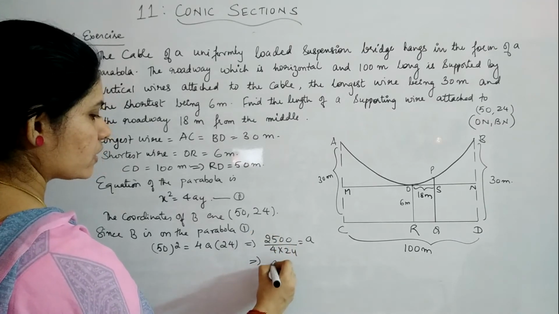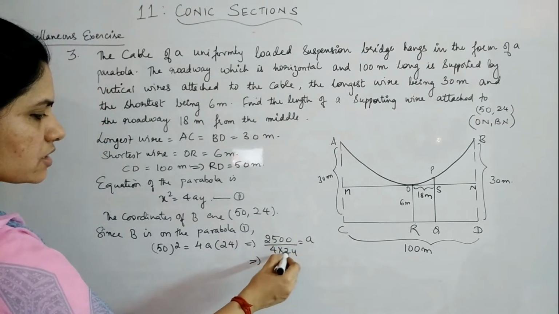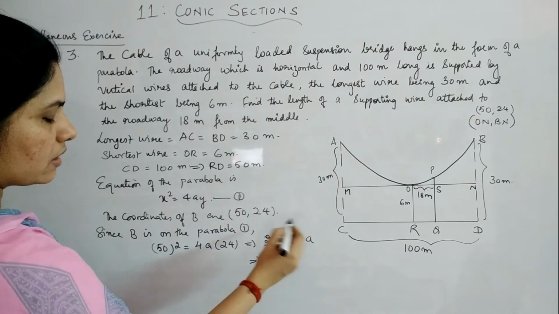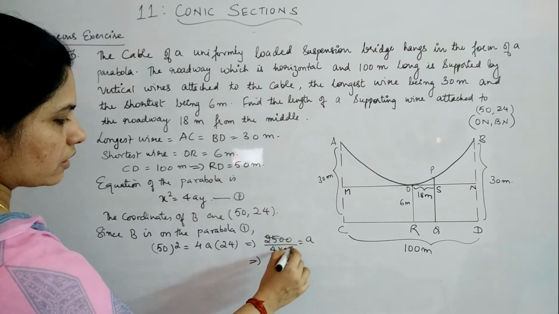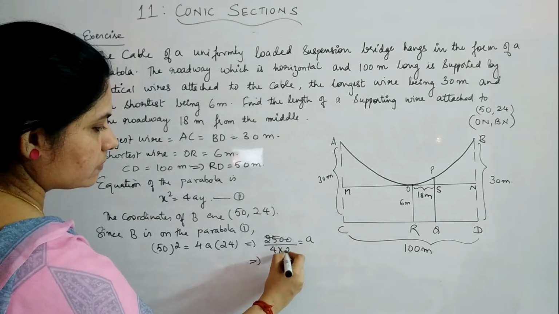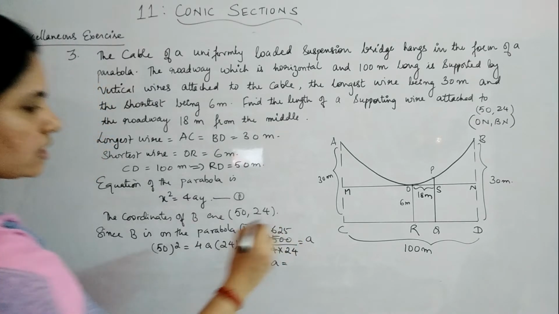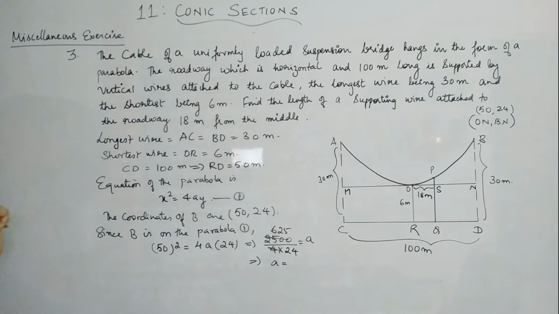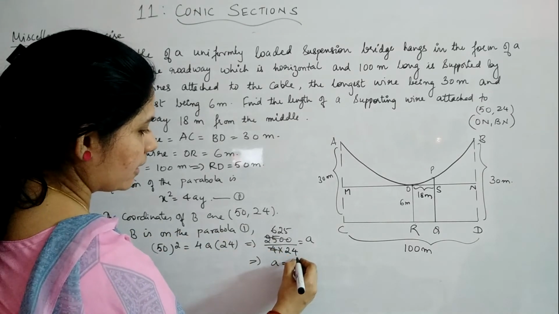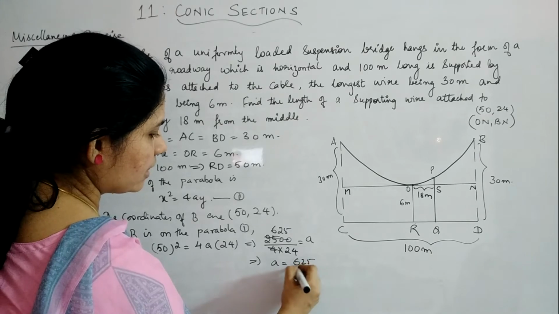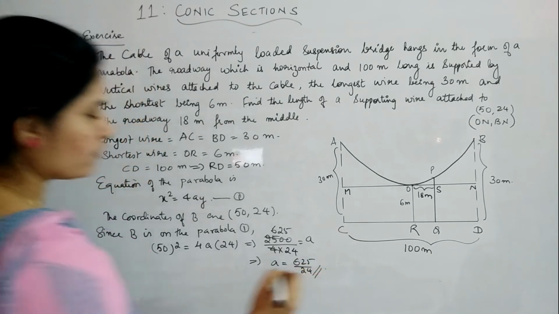After cancellation you will get a equal to 625 by 24. Okay, 625 by 24 is the value of a.